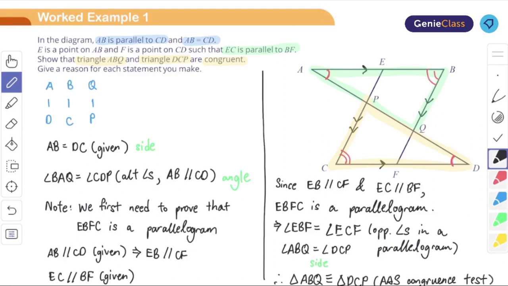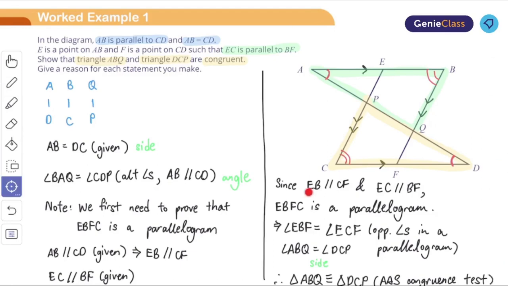The property I mentioned just now is that you have to prove that it's a parallelogram before you can use the opposite angles. Then you may ask, teacher, why must I write opposite angles in a parallelogram, but not straight away say alternate angles over here?